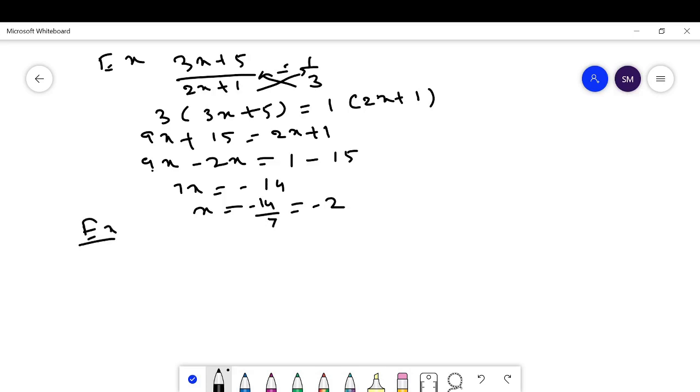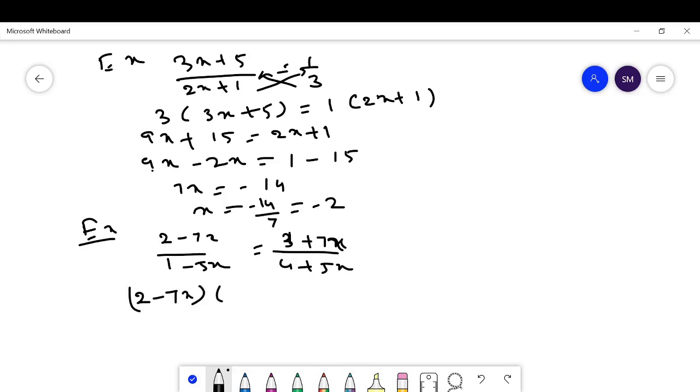Another example. 2 minus 7x upon 1 minus 5x is equal to 3 plus 7x upon 4 plus 5x. Here also apply the cross multiplication method. 2 minus 7x into 4 plus 5x is equal to 3 plus 7x into 1 minus 5x.